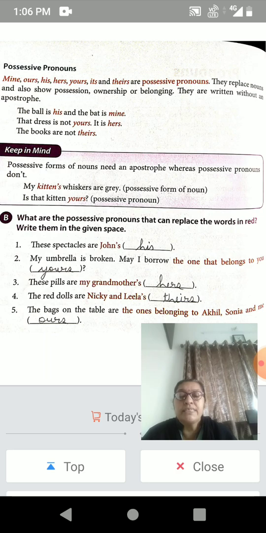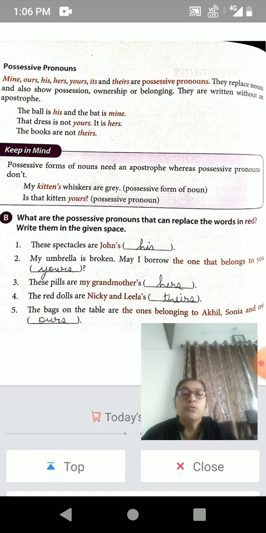What are the possessive pronouns that can replace the words printed in red? These spectacles are John's. John is a boy. Use here his. My umbrella is broken. May I borrow the one that belongs to you?